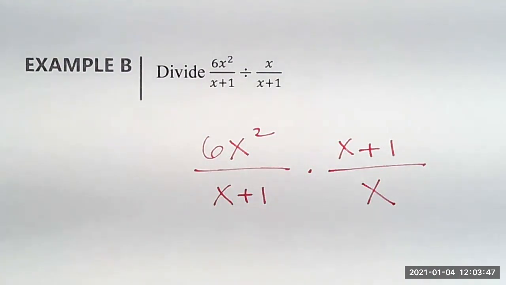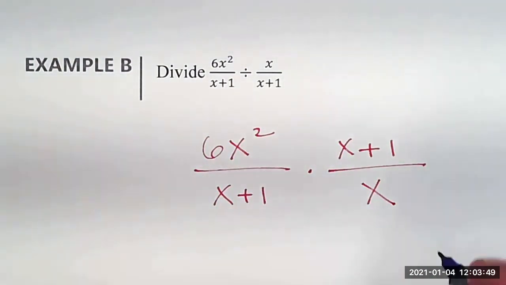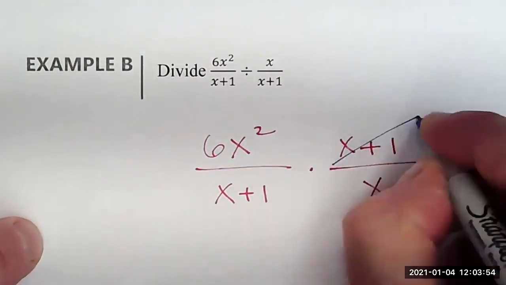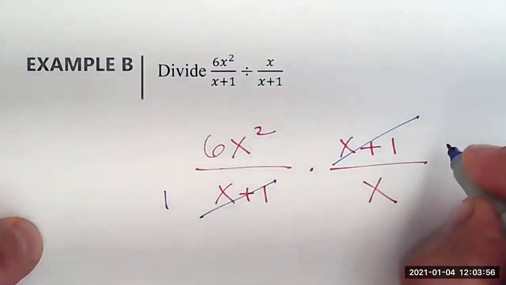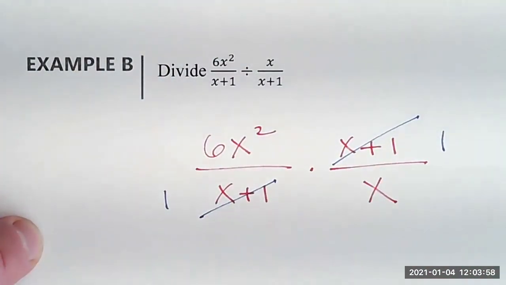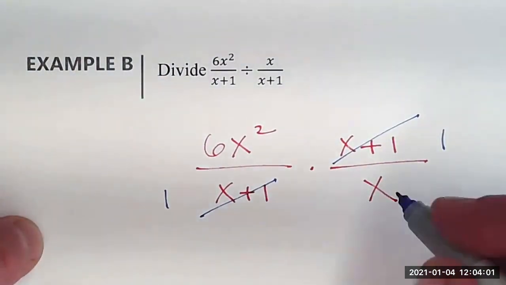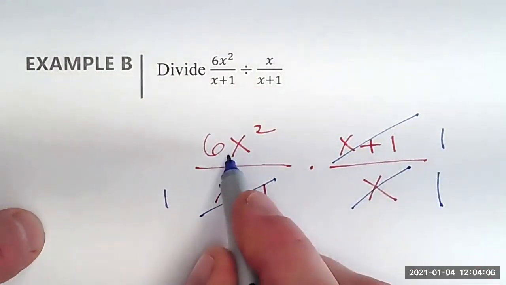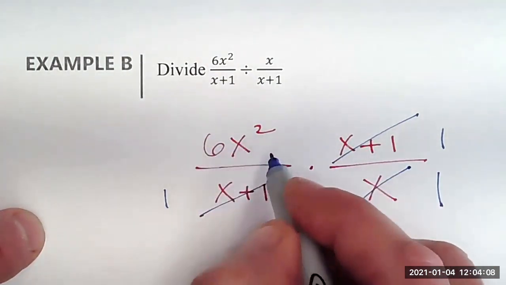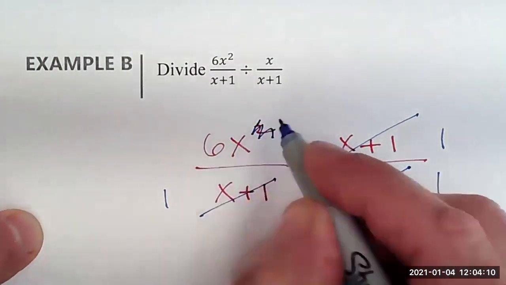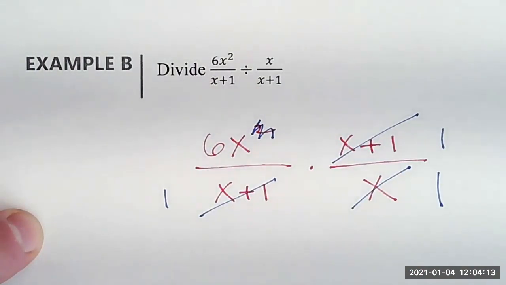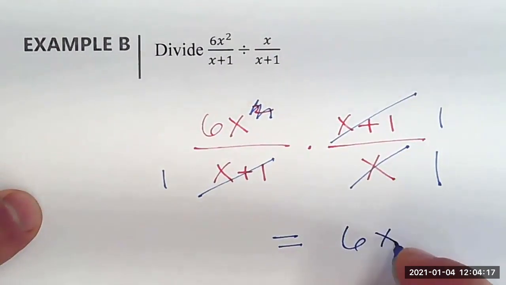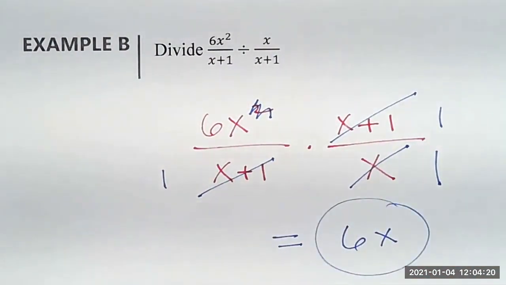I need to look for common factors that I can simplify, so I can simplify early. x plus 1, they cancel, and I get 1 for each. I can factor out a 1. I can factor out an x here. I can factor out an x from 6x times x, 6x squared. And I'm left with a 6x. This problem becomes very quickly 6x.